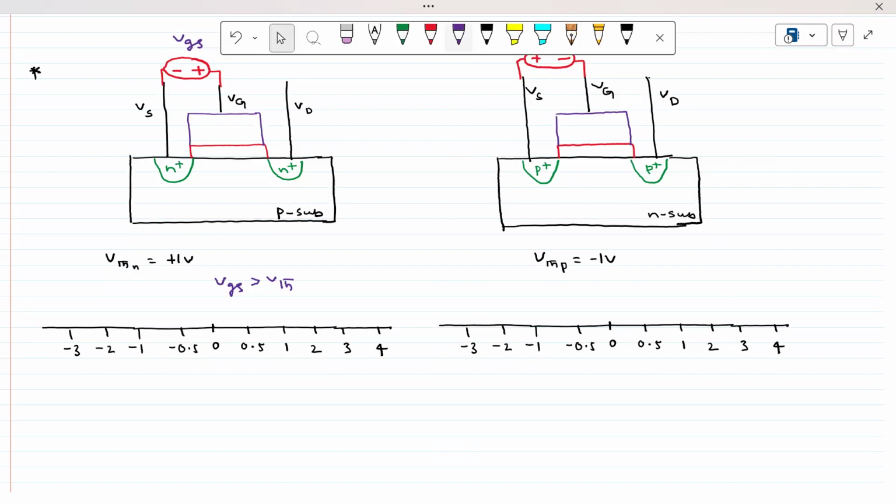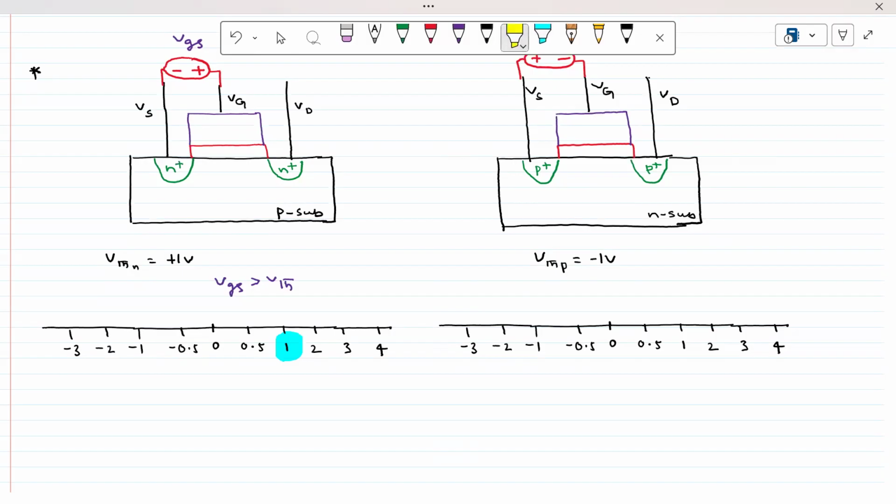That means the difference between the gate potential and the source potential should be a positive quantity. Is that point clear? Undoubtedly, we have to apply plus 1 volt. The difference between the gate and source must be plus 1, more than plus 1 actually. Then only the transistor will be on.